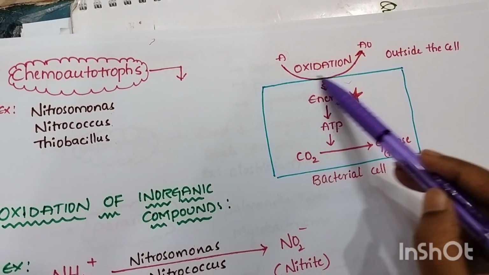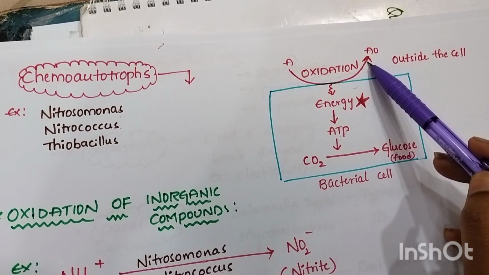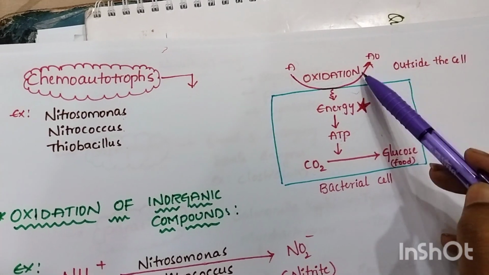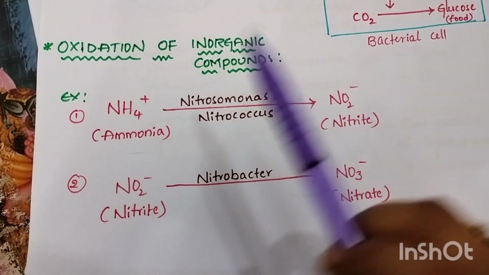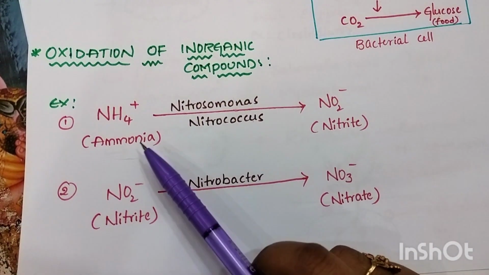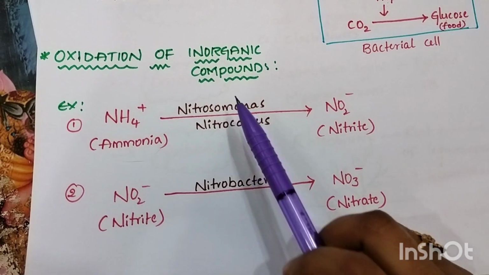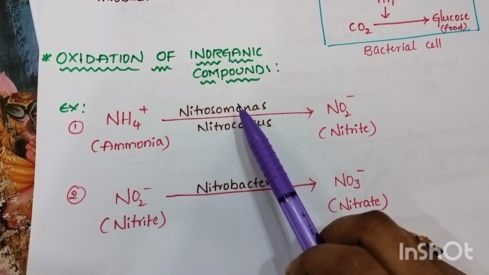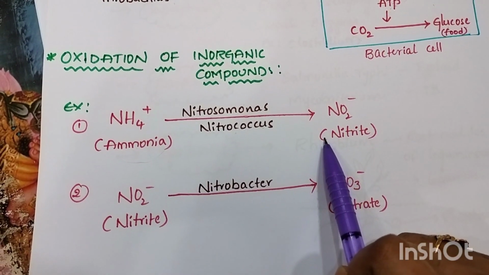Let's see what this oxidation process is and what type of bacteria are involved in it. So this is the oxidation process. Let's say this is the ammonia, and now the bacteria called Nitrosomonas and Nitrococcus oxidize this ammonia into nitrite.